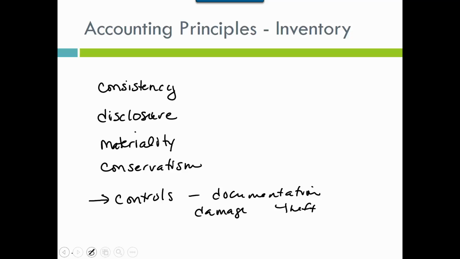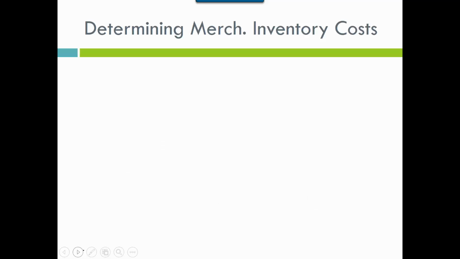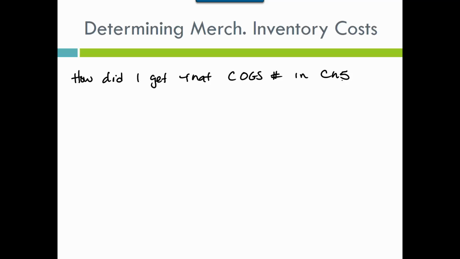So, determining the merchandise inventory cost. What we're really answering here is, how did I get that cost of goods sold number that I used in Chapter 5? There are 4 different methods we're going to talk about.